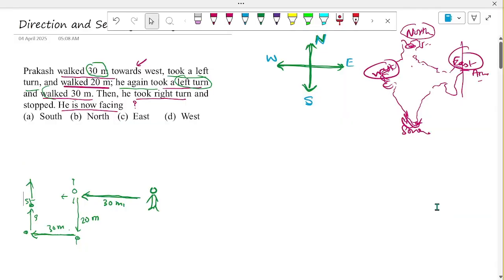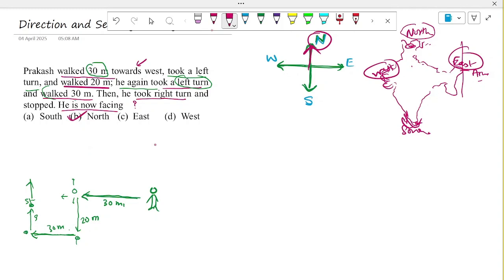North. Okay. You can observe, this side it is north, and so the answer to this question is north, option B. Right?